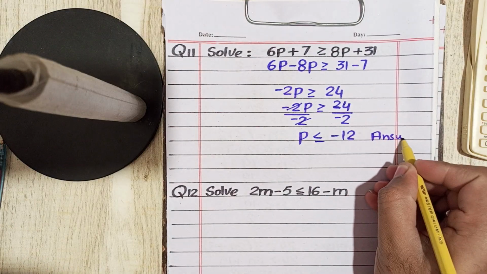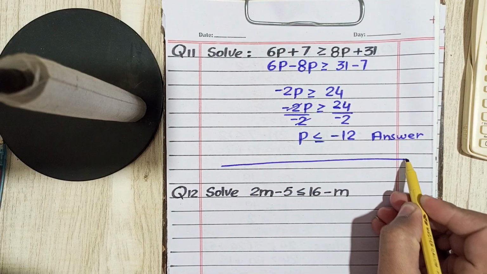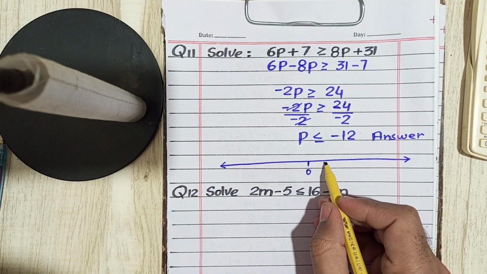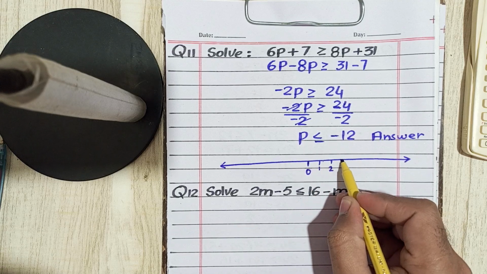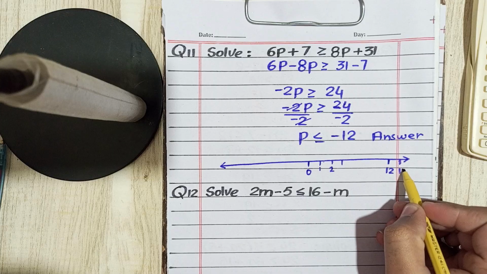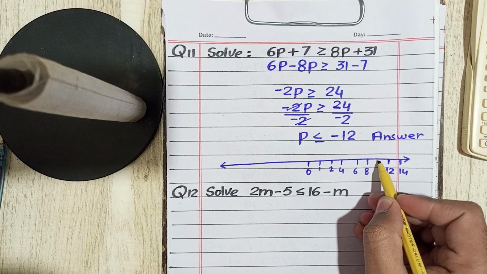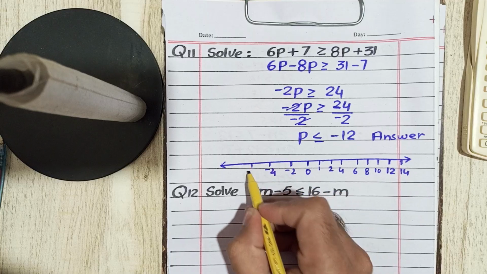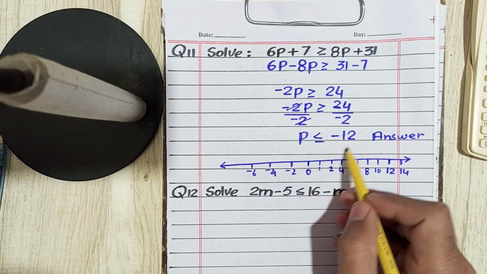If we are asked to represent it on a number line, it is very simple. We draw a number line like this. In the center we have 0, and on the right side of 0 we have positive 1, positive 2, and so on. Let's suppose here we have positive 12, and here 14. 2, 4, 6, 8, 10, and 12. And here we have minus 2, minus 4, minus 6, and so on. So we represent p less than or equal to minus 12.